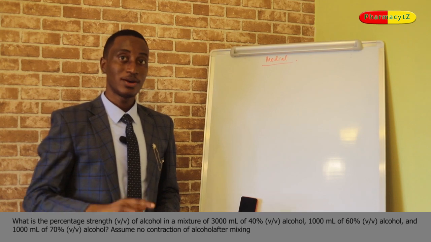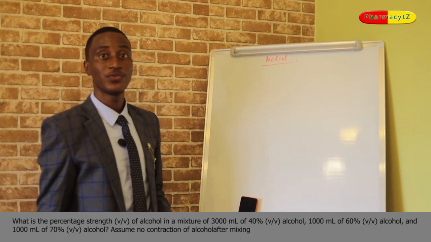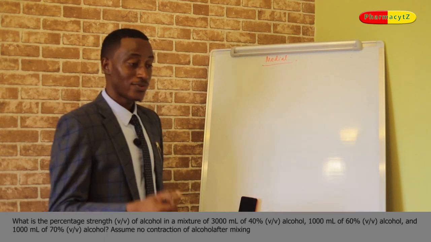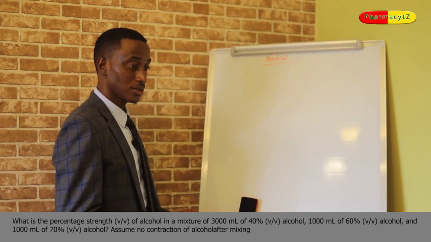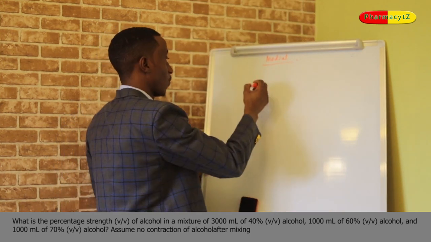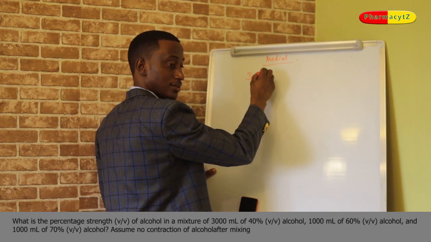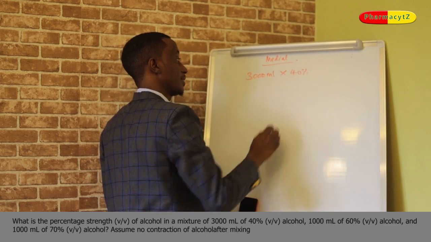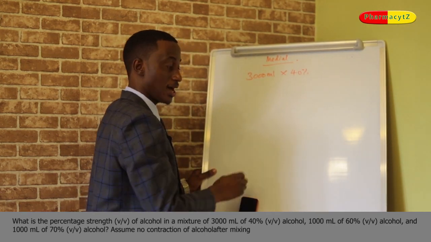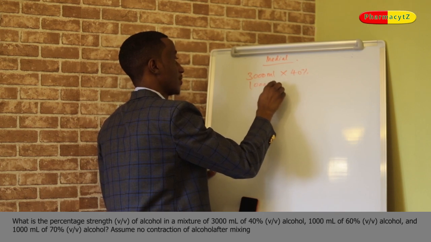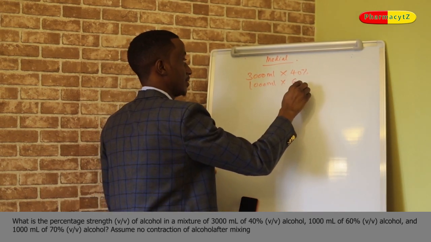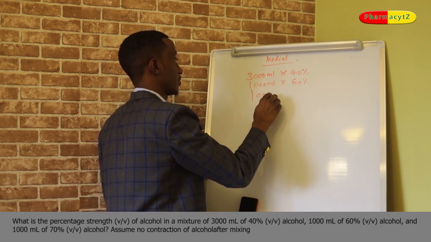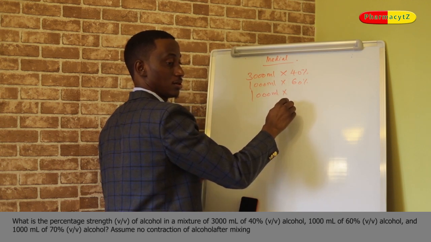This is because we have the known concentration and quantity of each component to be used in our preparation. We have three kinds of alcohol. The first has a quantity of 3000 ml with a concentration of 40%. The second is 1000 ml with 60%. The last is also 1000 ml times 70%.